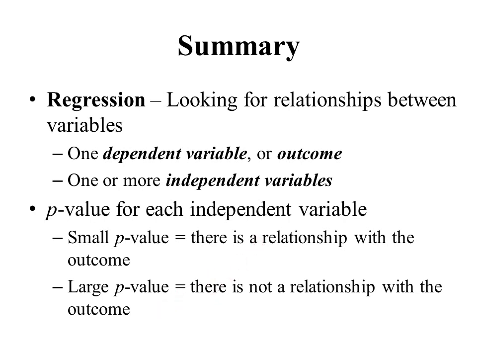Now, when you do your journal readings, you're going to see lots of p-values given from regression analysis. And most of those p-values are going to come from logistic regression analysis. And so always keep this interpretation in mind. A small p-value means that there is a relationship between that given independent variable and the outcome. If we have a large p-value, then there is not a relationship with the outcome.